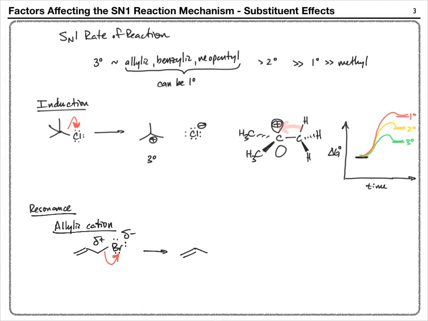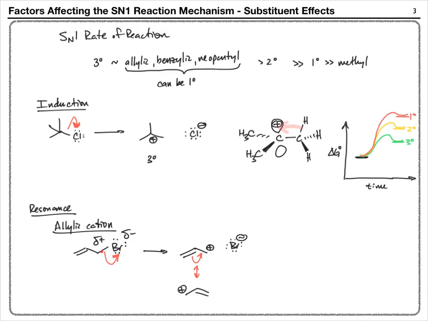Yeah, I'll do this for now. And then we know that we can show a resonance form of that allyl cation. So here's a resonance form. So notice the arrow movement. Again, I'm harping on these arrows.